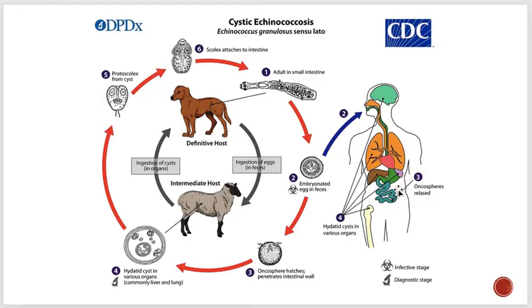Then IgG, IgA, IgM start producing antibodies, and of course antibody-dependent cell-mediated cytotoxic killing starts.